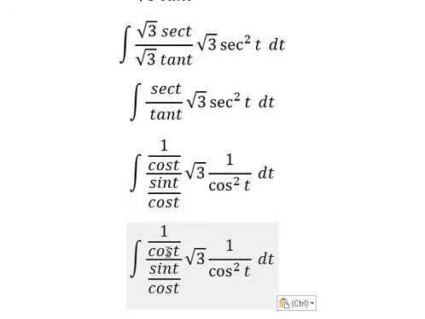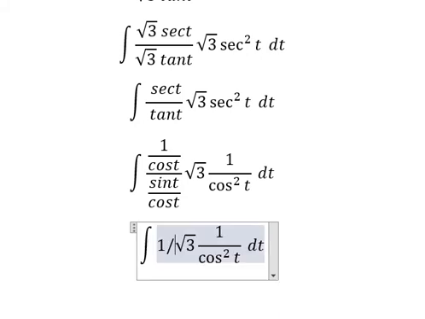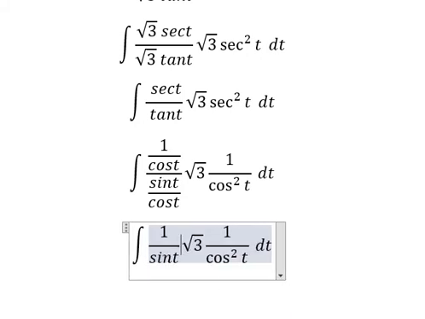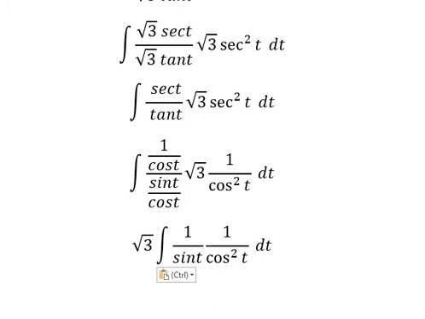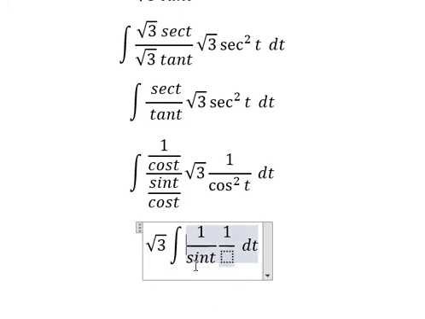So we simplify cosine t and cosine t, and we get 1 over sine t. And the square root of 3 I will put outside. So cosine squared t multiplied by sine t. So I will put this next to it in here.